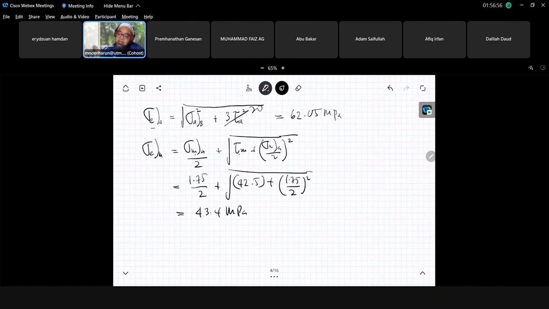So kalau kita tengok next, if we see the ranges for the yielding is Langes.